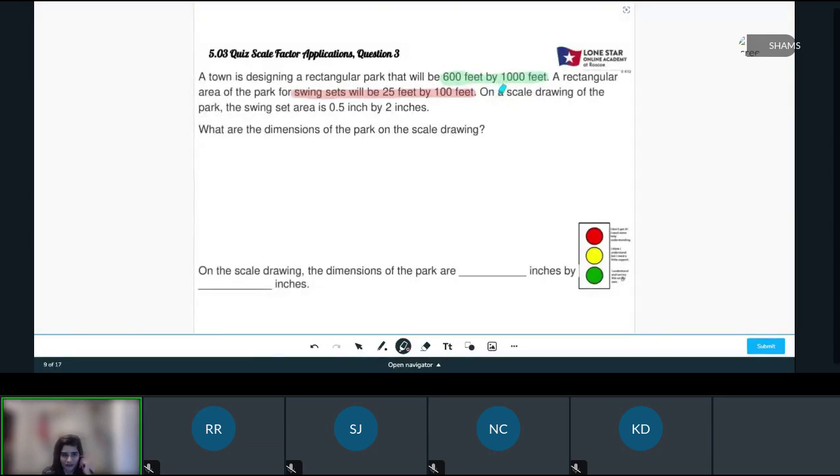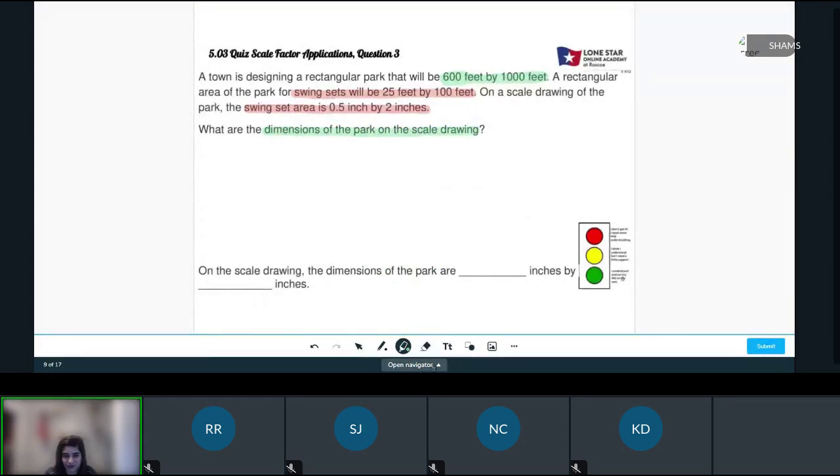On the scale drawing of the park, the swing set area is, and now they tell you about the scale, in the small model, the same swing set area is 0.5 inch by 2 inches. So they gave you some information about the swing set. They are going to ask you, then what will be the dimensions of this park on the scale?